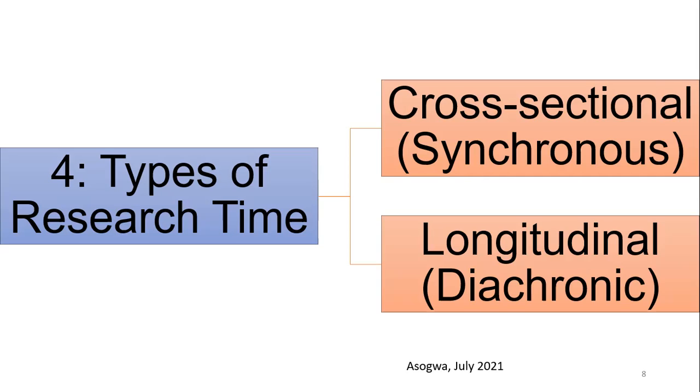But longitudinal, otherwise called diachronic research, in that case, the events are monitored. The same event, the same individual, the same group of persons are monitored over a defined period of time.